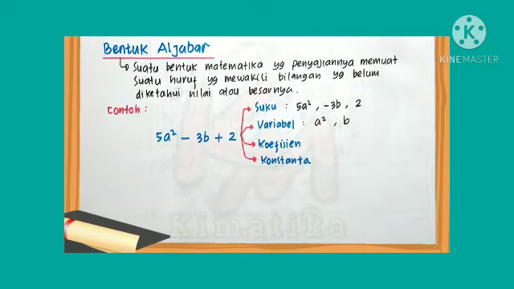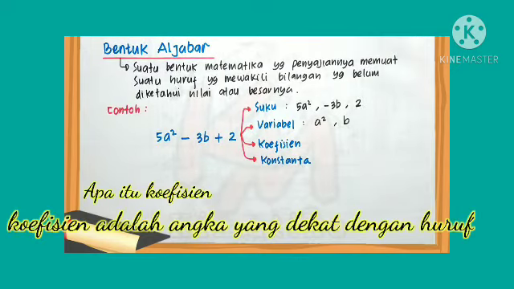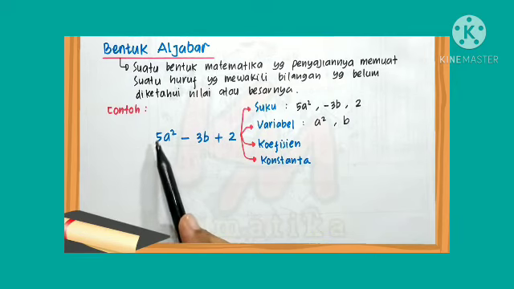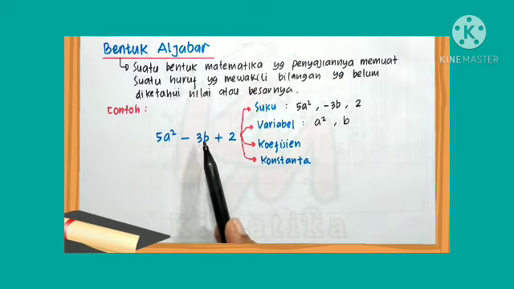Next, we continue with the coefficient. A coefficient is a number that is close to a letter. From the example 5a squared minus 3b plus 2, the coefficient is the angka yang dekat dengan huruf.